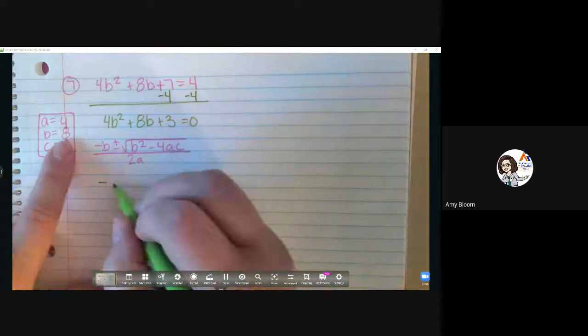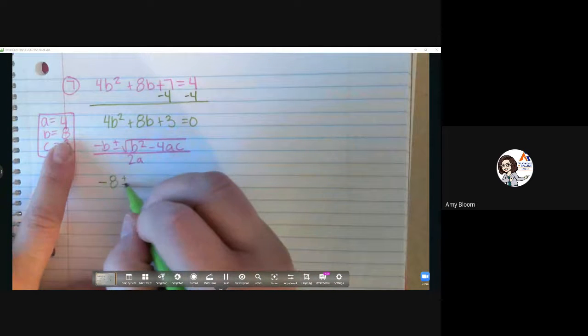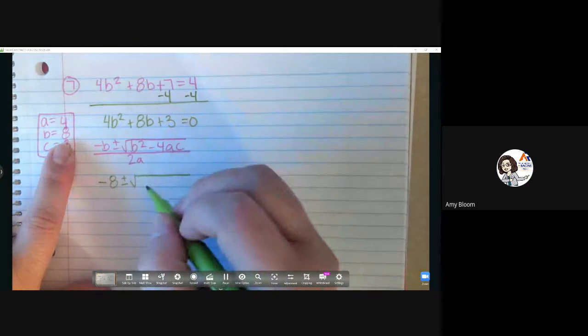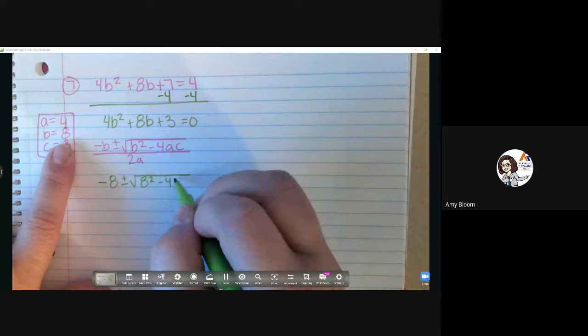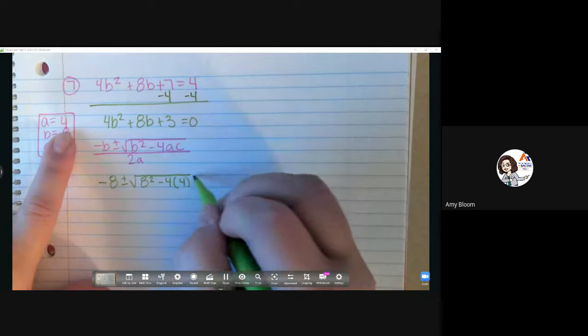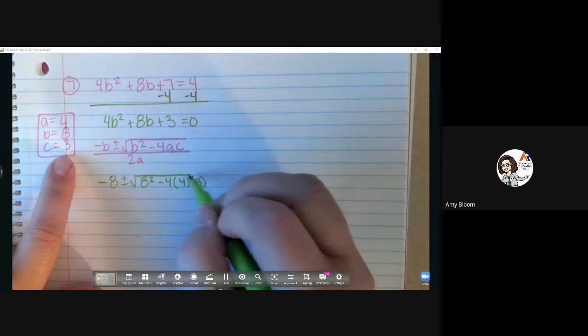All right, so now all of that is going to get plugged into the quadratic formula. So negative b, which is 8. All right, b squared, which is 8 squared, minus 4 times a times c. And all of that over 2 times a, which is 4 this time.